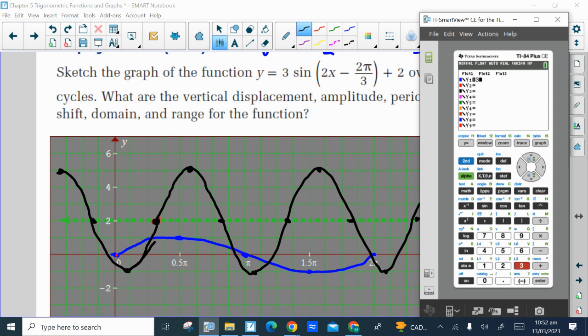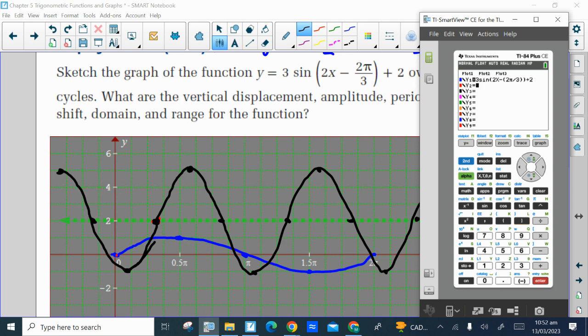I will put it in exactly as it was originally written. So it's 2x minus 2 pi on 3, which I put in brackets to keep that all together. Close the brackets on the 2 pi on 3. Close the bracket on 2x minus 2 pi on 3 plus 2.